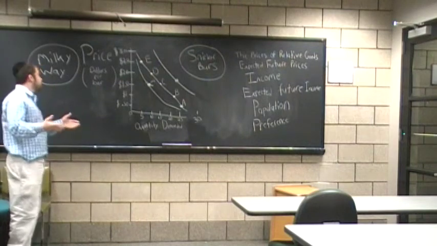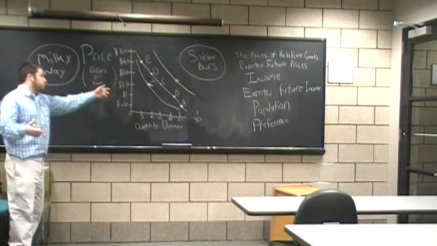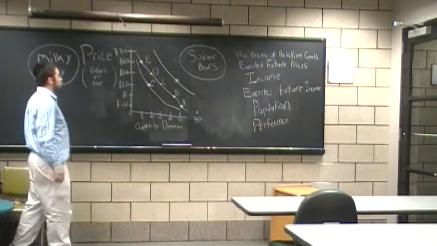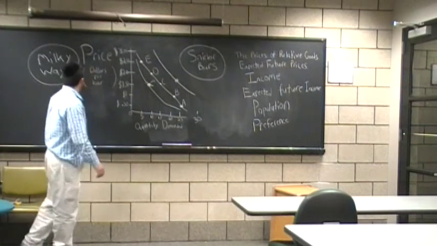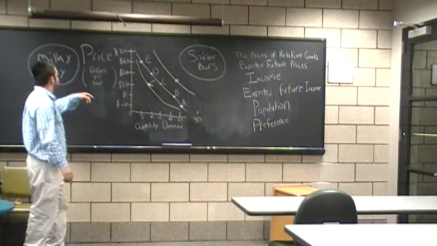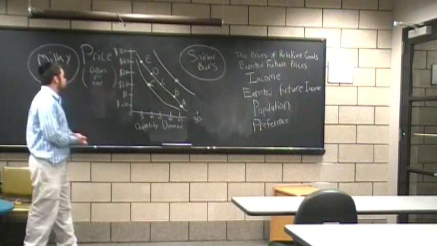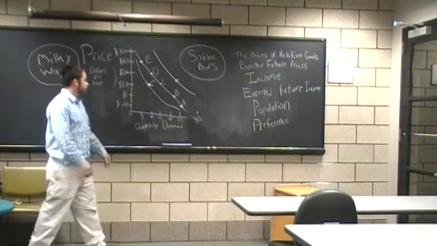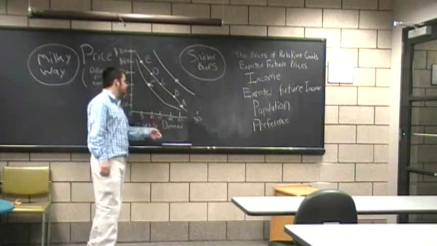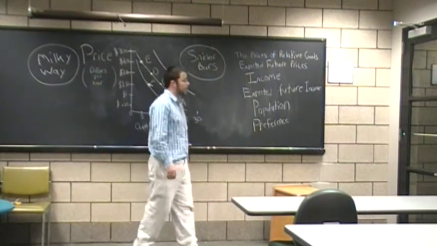Now more people are going to buy the Milky Way, fewer people are going to buy the Snickers bar. That's going to cause the demand curve to move leftwards. And vice versa, if Milky Way would raise its price to $2 while Snickers is going at $1.50, fewer people are going to buy Milky Way, and they're going to fill into this slot, moving the demand curve rightwards.